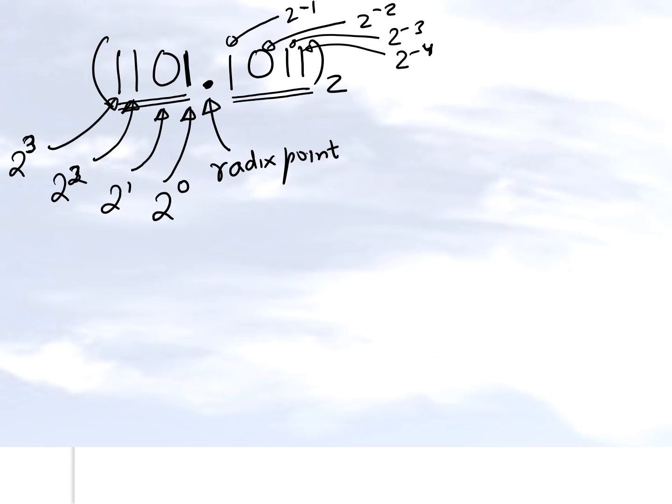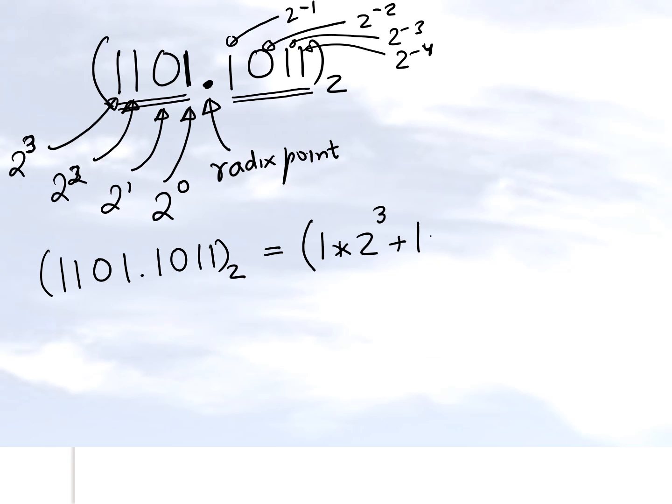So let's suppose somebody says, can you tell me what the equivalent of this number is in base 10? It'll be equal to 1 times 2 to the power 3 plus 1 times 2 to the power 2 plus 0 times 2 to the power 1 plus 1 times 2 to the power 0.